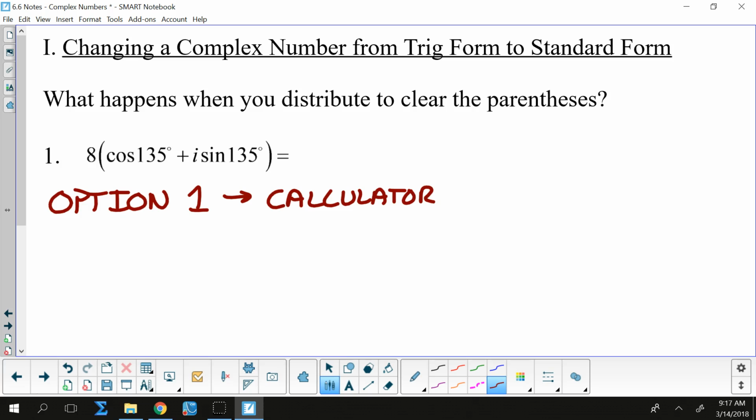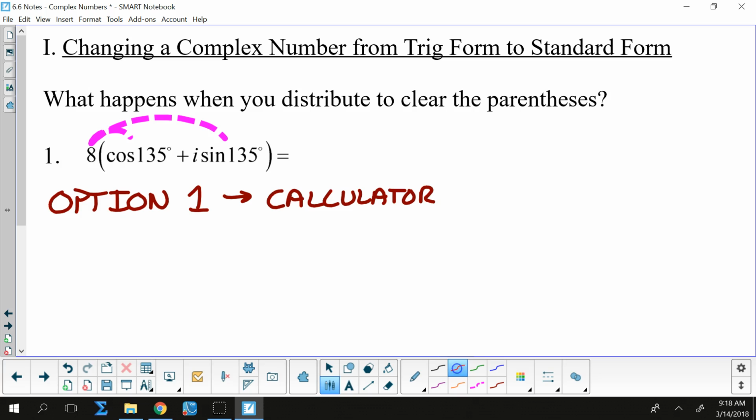You got to make sure that your calculator is in the right kind of mode. If the angle that's given to you is in radians, make sure your calculator is in radians. If the angle that's given to you is in degrees, make sure your calculator is in degrees. Okay? And so really all you're doing here is distributing this R value into the parentheses.